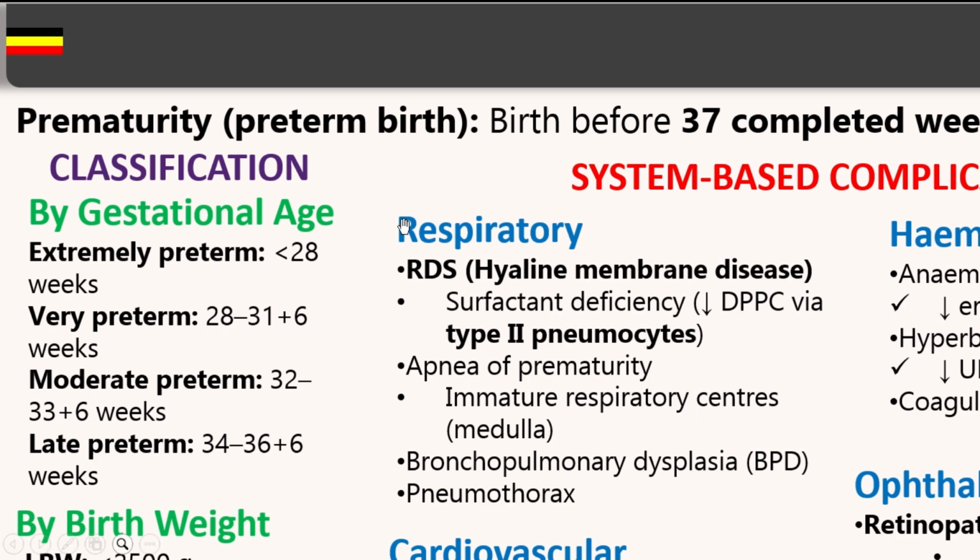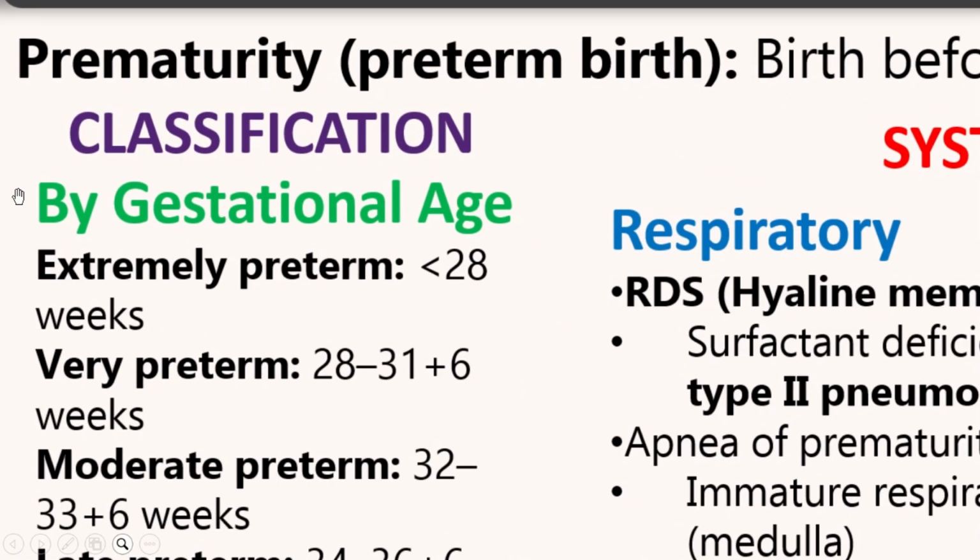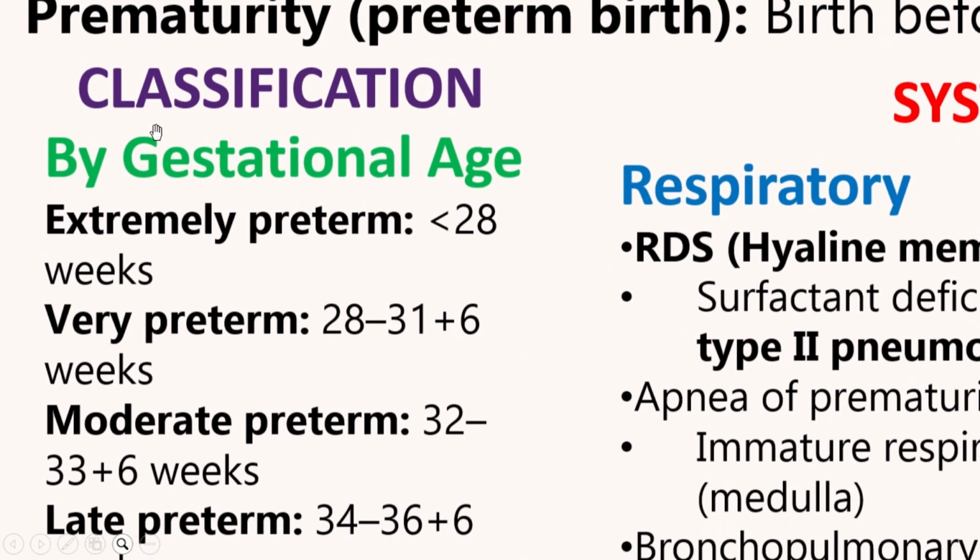So we have different classifications, and these are important because not only do they help you know what you're dealing with, but they most of the time also stress the severity of the prematurity and the different severity of the problems that you're most likely to face.